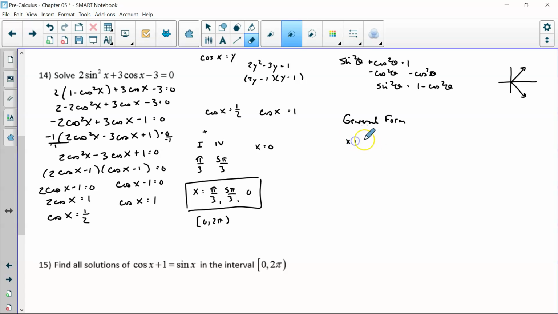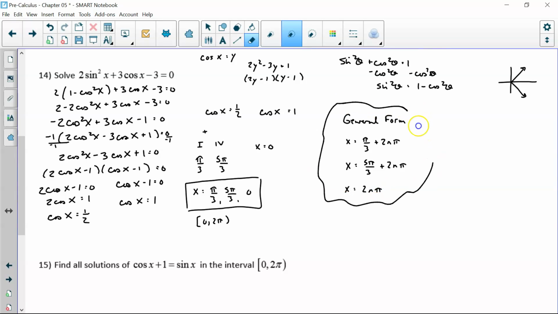So x equals pi over 3 plus 2n pi, 5 pi over 3 plus 2n pi. And our last one, when it's 0, it's going to be at 0, 2 pi, 4 pi, same thing, keep going and going. So it actually can be written as 2n pi. There's our general form. There's all of the possible solutions.